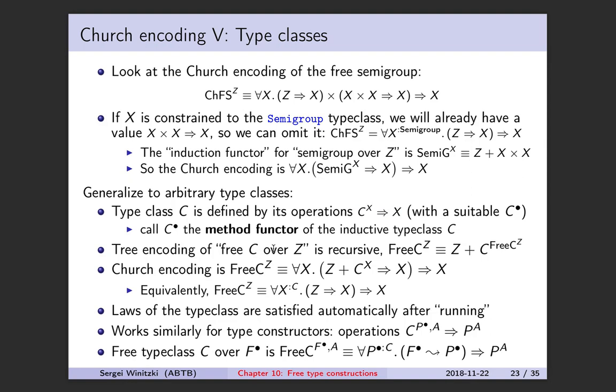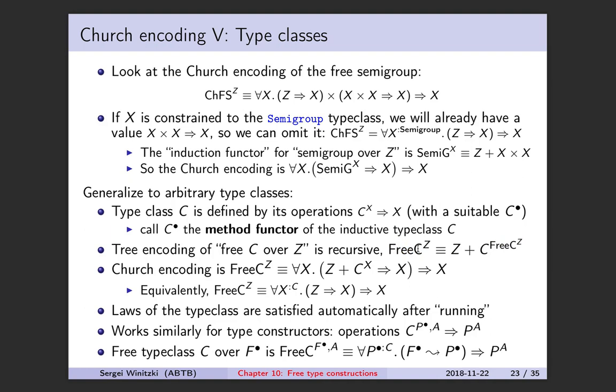So for the semigroup, the C is just a pair. For others, it will be more complicated. But given this C, we can write down a general formula for the free type class C over a type Z. So the tree encoding would be like this.